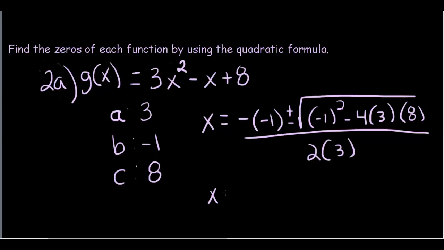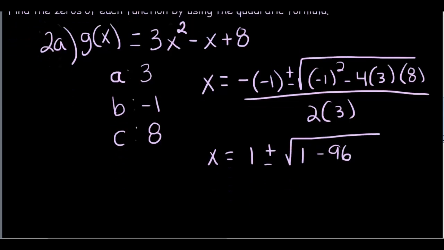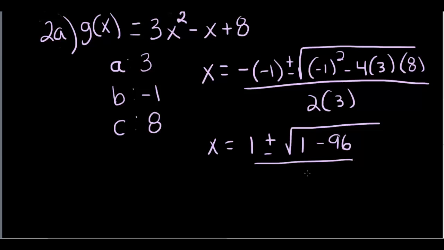So then we'll have x equals negative times negative is positive, so positive 1, plus or minus the square root of -1 squared is 1, -4 times 3 is -12, and -12 times 8 is -96. And we're going to divide this by 6.